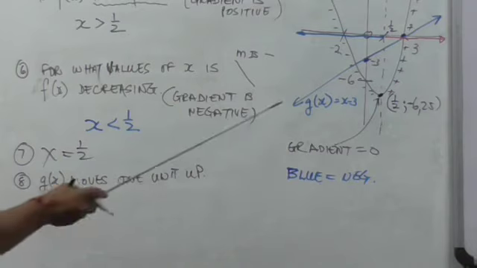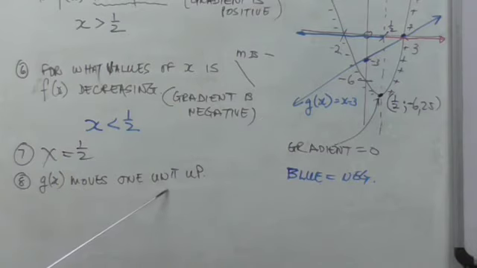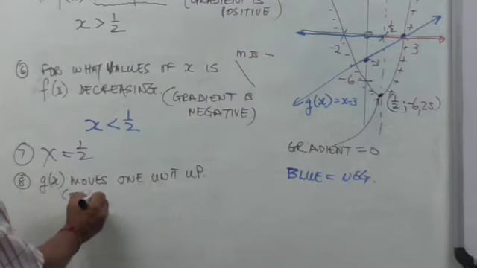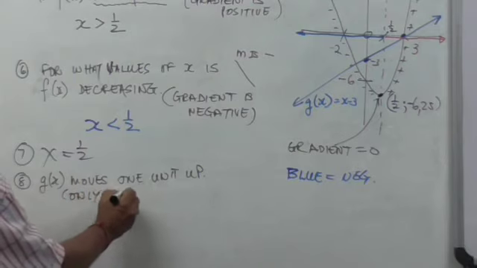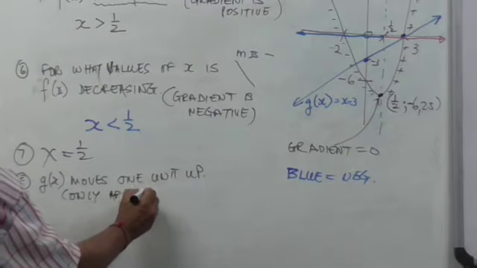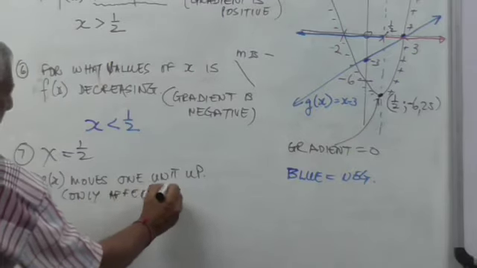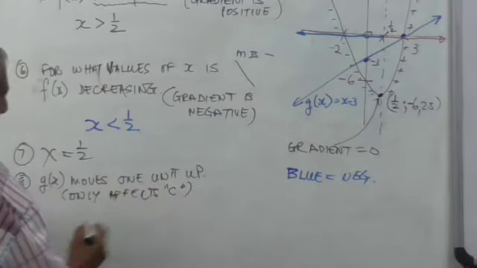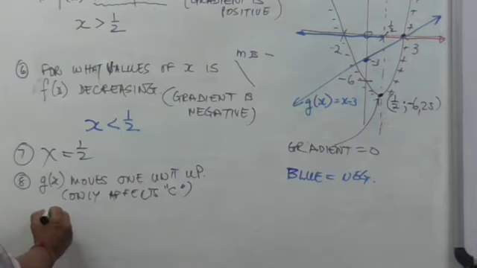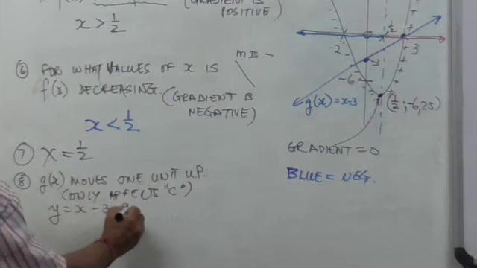G of x is a straight line. If it moves up, it only affects the y, only affects c, the y-intercept. So, what was given? Y is equal to x minus 3 was given.